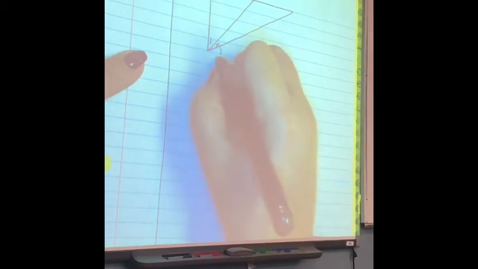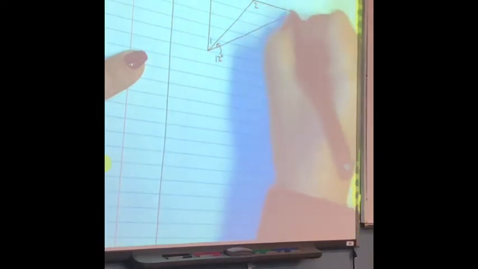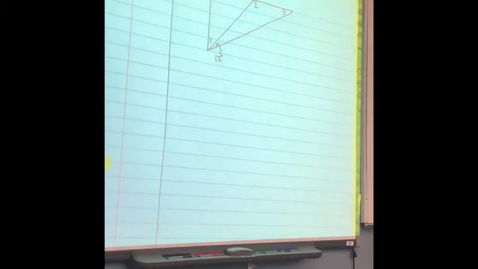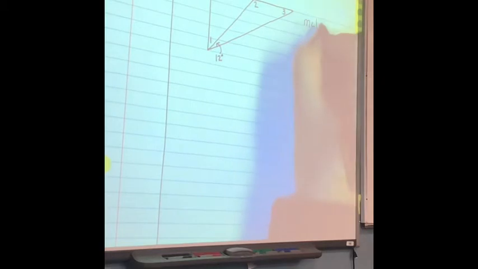What about something like this? All right, we're wanting the measure of angle 1, the measure of angle 2, and the measure of angle 3.